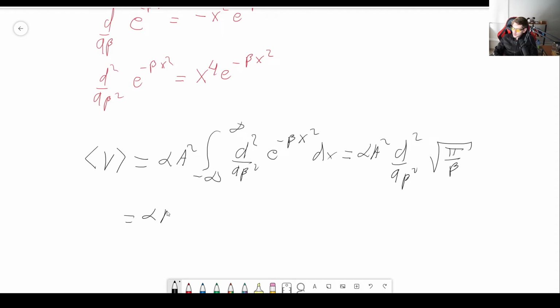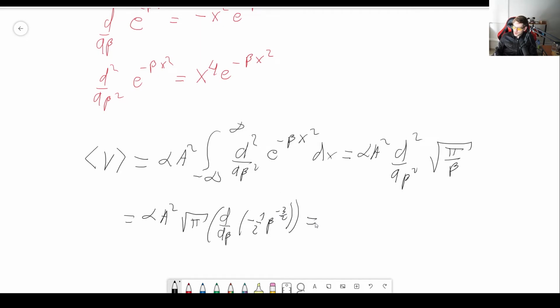So let's now derive with respect to beta. So square root of pi. And what do we get? Well, if we derive once, we are going to get minus 1/2, because this is, of course, beta to the minus 1/2 times beta to the minus 3/2.